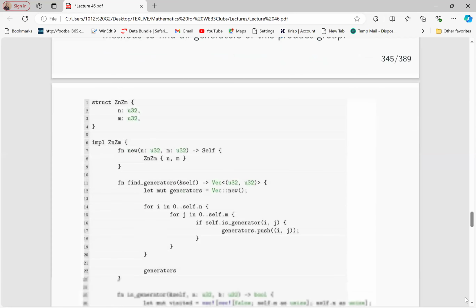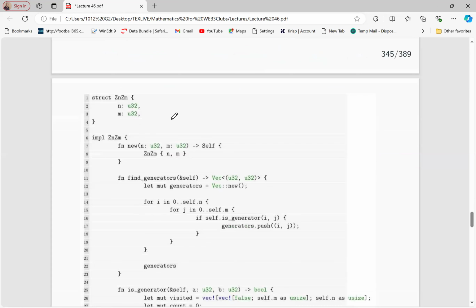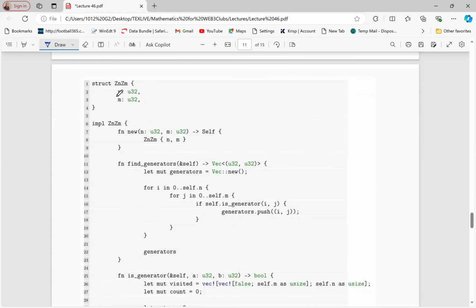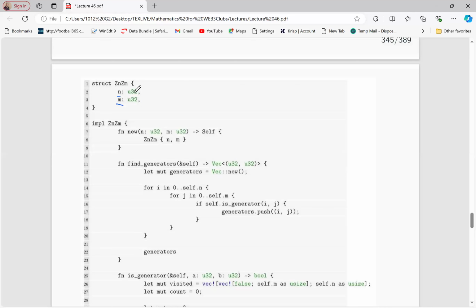So here it is. I've just defined my n and m. I've said n is u32, of course meaning 32 bits, and m is also 32 bits. And of course, u means we are dealing with positive numbers. If you wanted to deal with negatives, we would talk of i32.